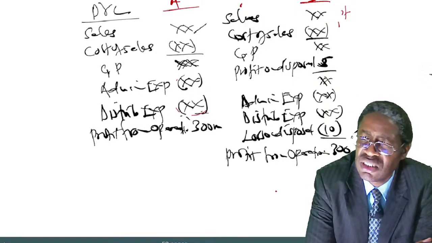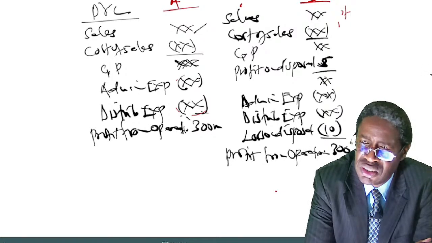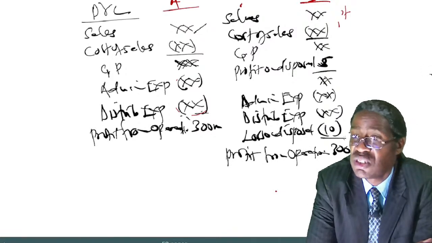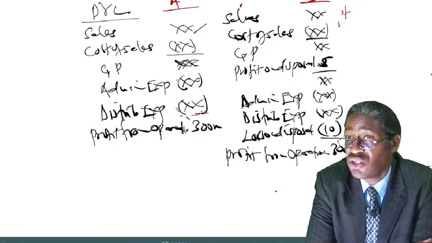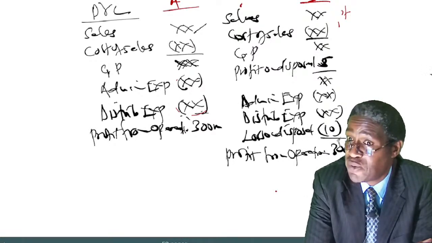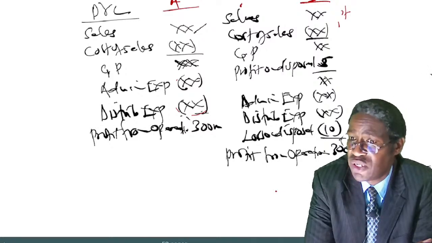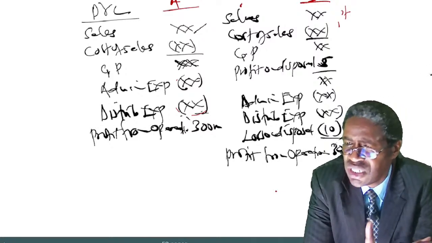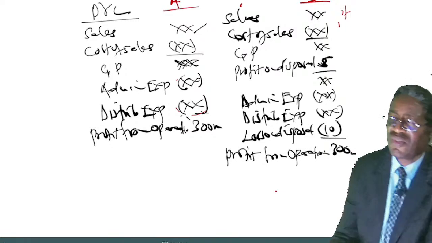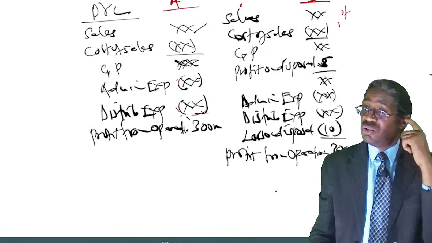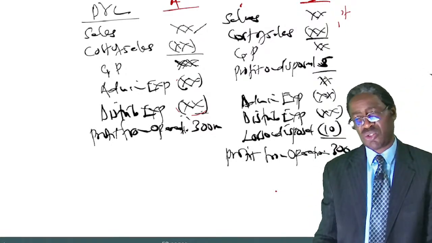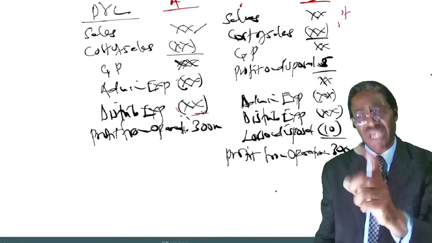Accountant B has shown us where he used theirs. The loss on disposal, he showed it separately. The gain on disposal, he showed it separately. So I want you to listen carefully now. We know the gain or loss on disposal is a non-cash item.